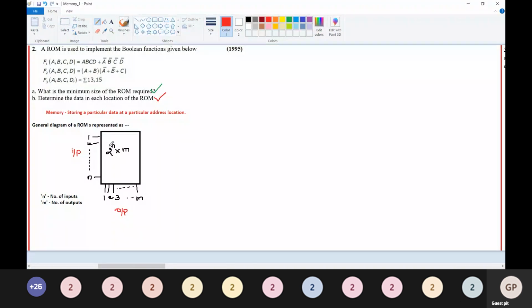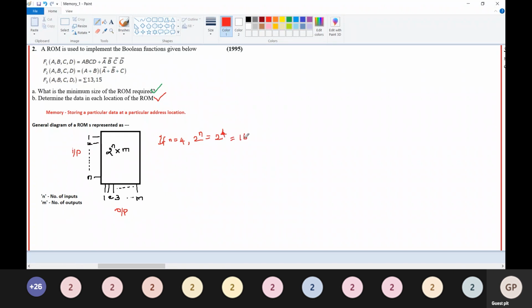So for example, if n is equal to 4, what is 2 power n? 2 power n is equal to 2 power 4, which is 16.